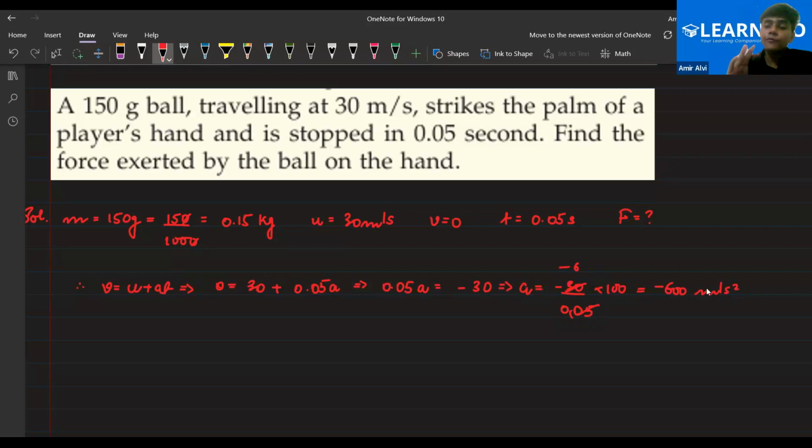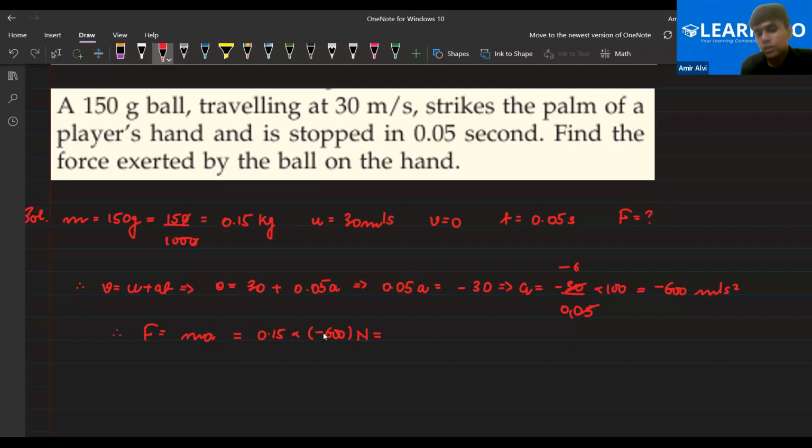Now see this thing, this is a very, very huge acceleration. 600 meter per second square, right? Yes, sir. Now we have to calculate the force. Force would be m into a, that is mass 0.15 into negative 600.